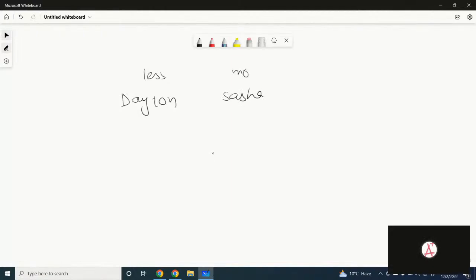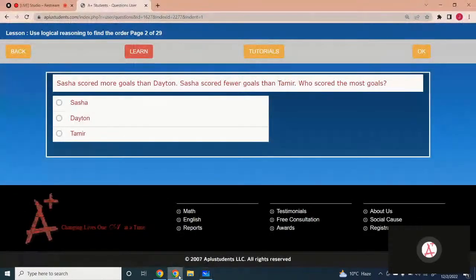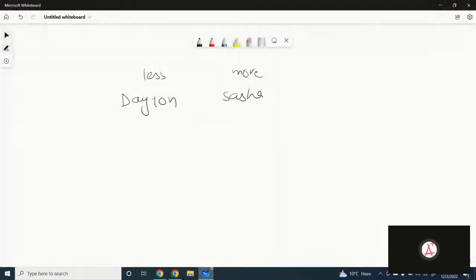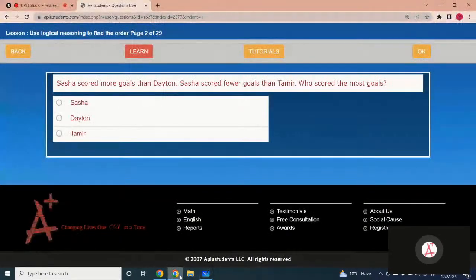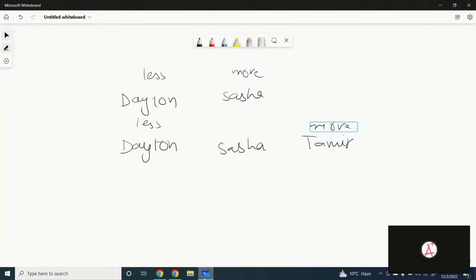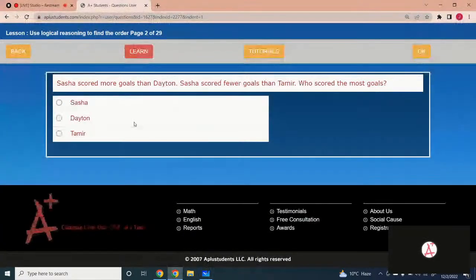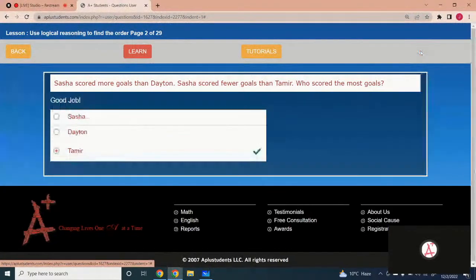Then the next one, but Sasha scored fewer goals than Tamir. That means Tamir has the most goals. Dayton, Sasha, and Tamir. So the question is, who scored the most goals? That is Tamir. Yes, very good. Just select the correct option and click on the OK button.